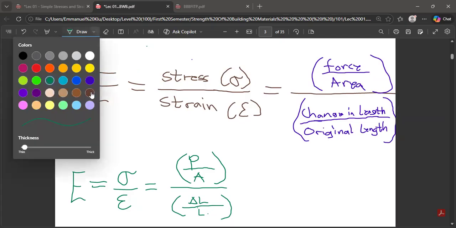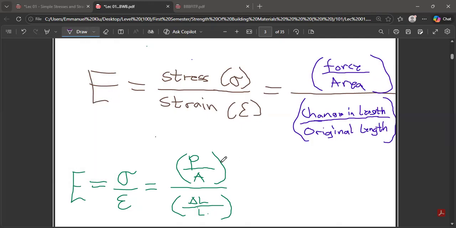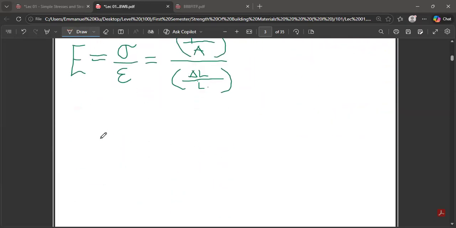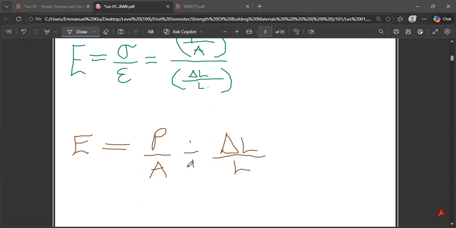Take note that if you don't want to write it this way, you can also still proceed to write it in this form. So let me come and write that downward. So we can now say that our E is equal to P over A, or force over area, divided by change in length over original length.